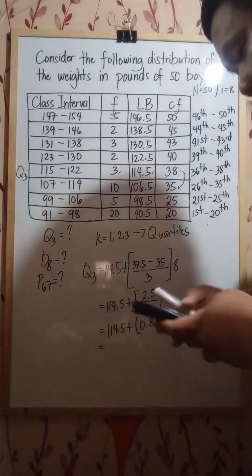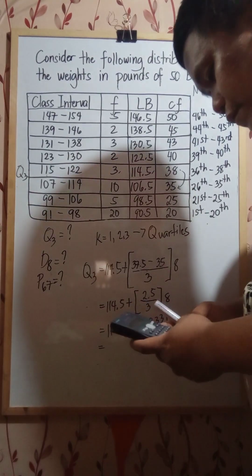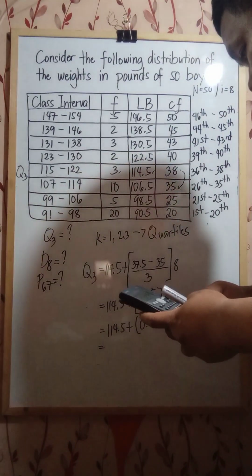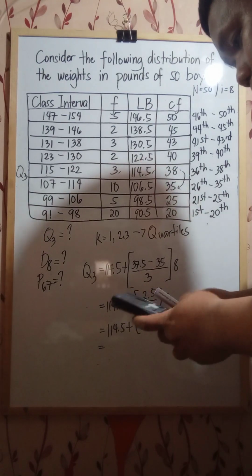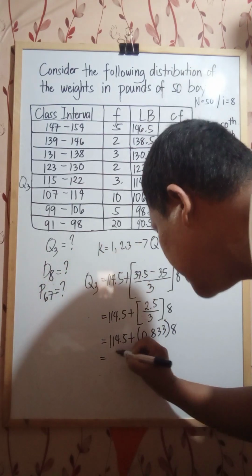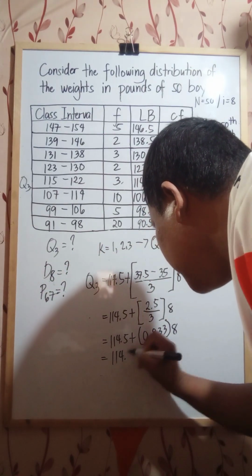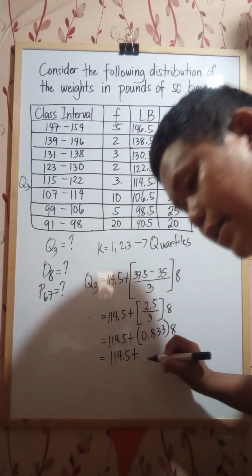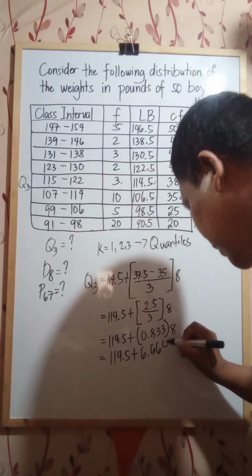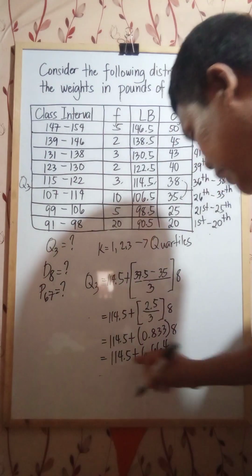So 114.5 plus, oh no, sorry. 0.833 times 8 gives you 6.664. You have 114.5 plus 6.664. Okay, that's right, so we add the two.